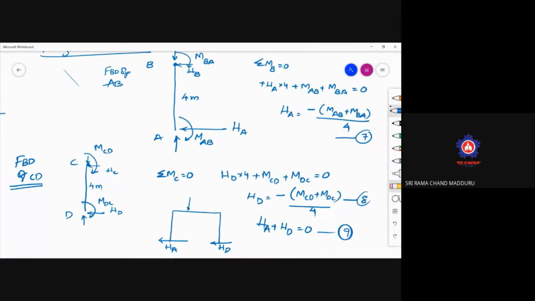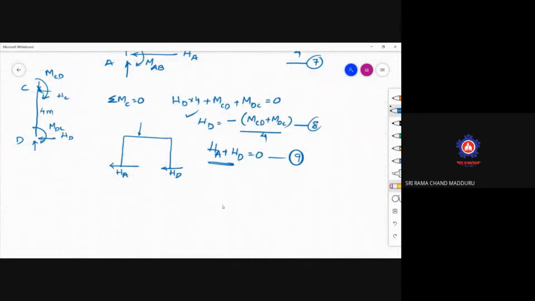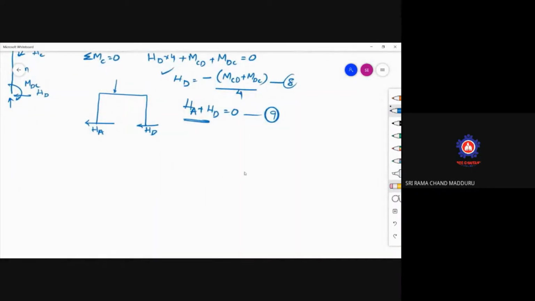Now substitute HA and HD values in this equation. Minus of (MAB plus MBA) by 4 minus of (MCD plus MDC) by 4 is equal to 0.